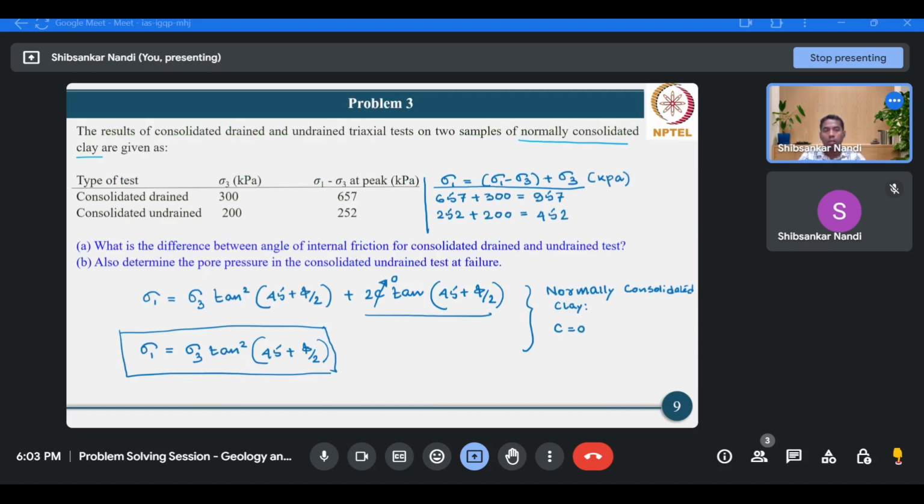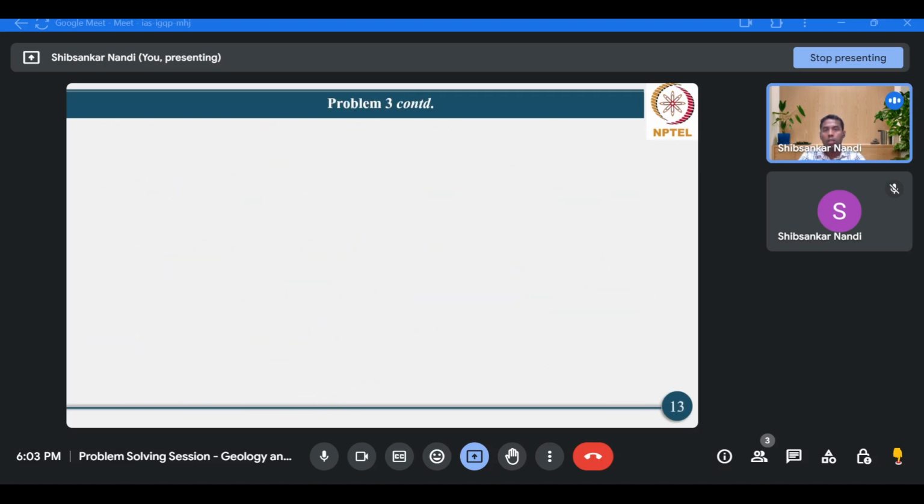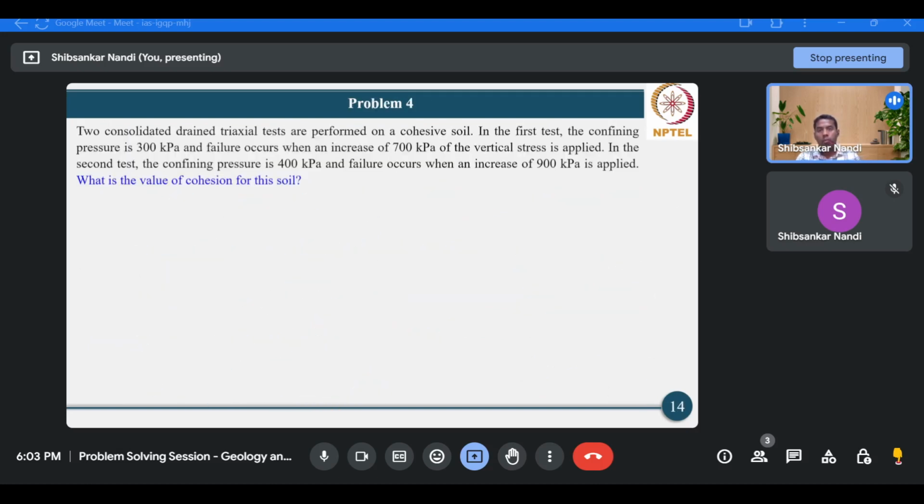Now we'll proceed to the next problem, that is problem 4. Now what is mentioned in this problem? In this problem, two consolidated drained triaxial tests are performed on a cohesive soil. In the first test, the confining pressure is 300 kPa and failure occurs when an increase of 700 kPa of the vertical stress is applied.